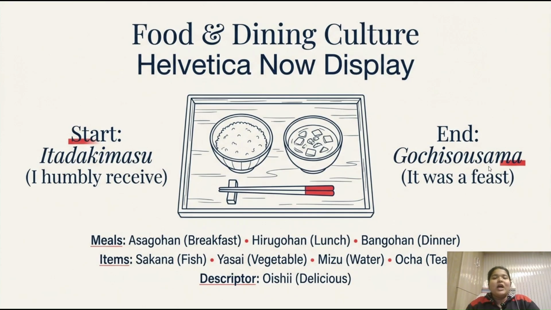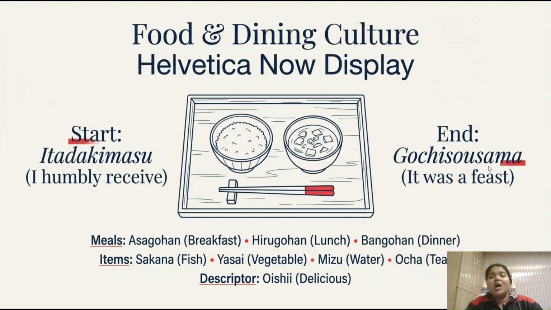Now, we are going to talk about food and dining culture. As you know, Japanese people, locals from Japan, are very, very, very polite. They are one of the most polite humans on this planet Earth that you can ever find. So whenever they start their meal, they say something, and whenever they end their meal, they say something, right?